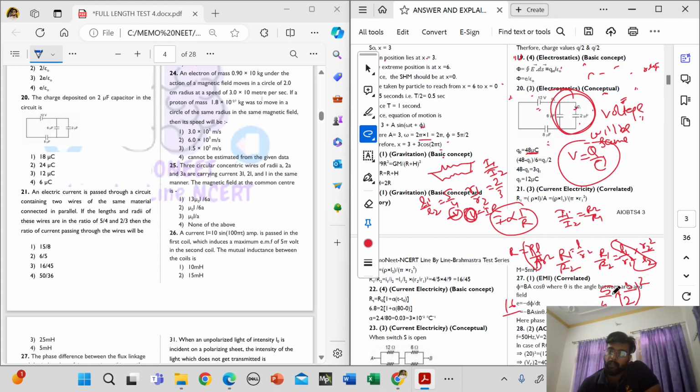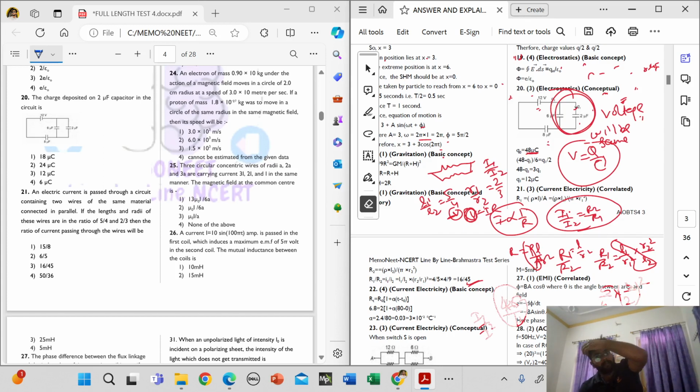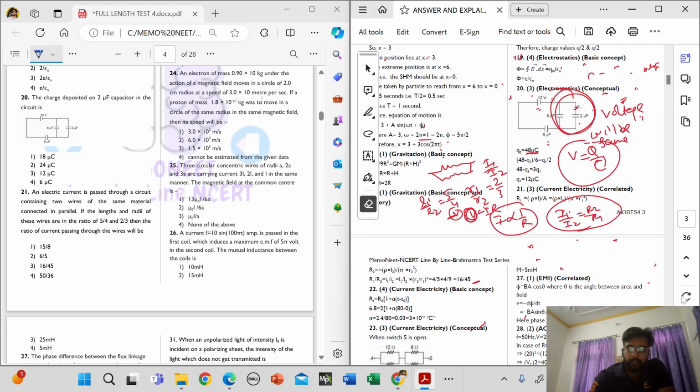Because this is the value of R1 upon R2, I1 upon I2 is equal to R2 upon R1. So we will get 45 upon 16. This is our answer. Simple question, just using the formulas, because here it is given that these wires are connected in parallel, so the voltage across the parallel wires is the same. Okay, remember the concept, voltage across the parallel wires is the same.